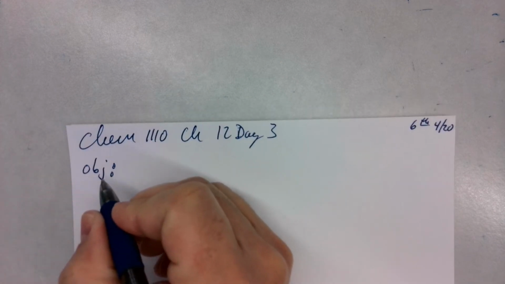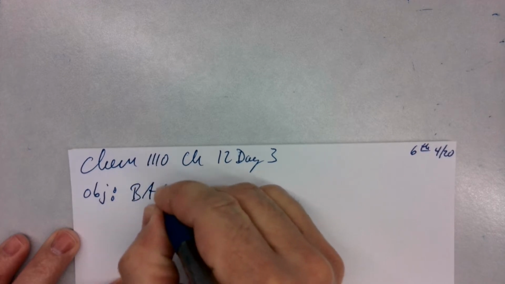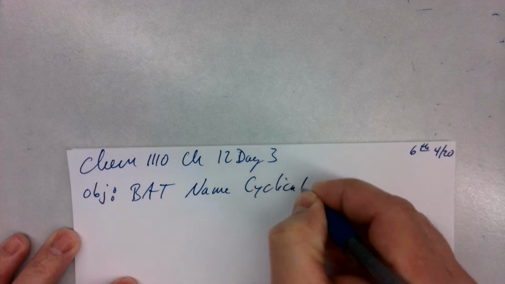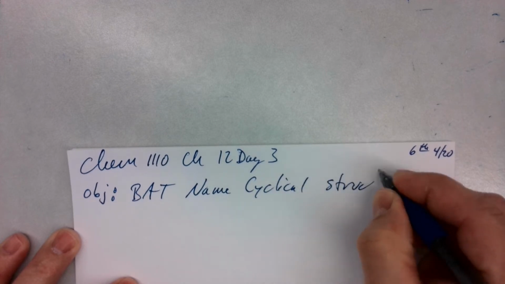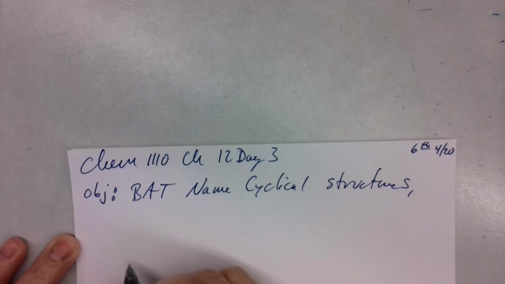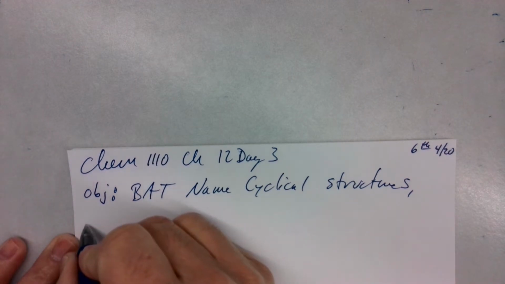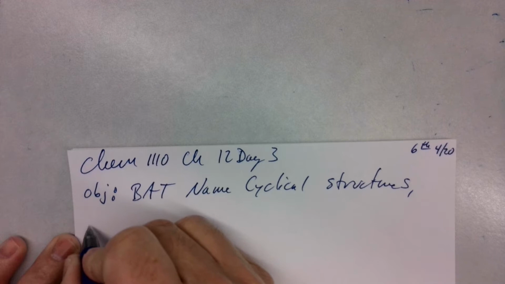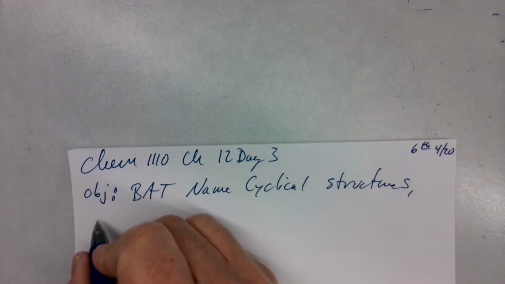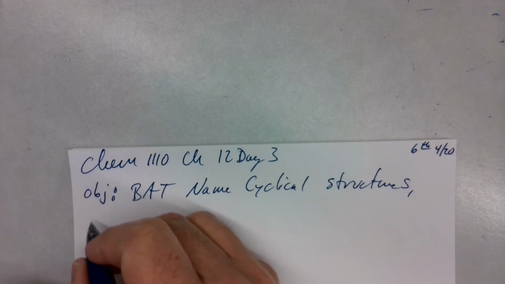Our objective is going to be able to name cyclical structures, what is the word I'm looking for? Let's just call it this.